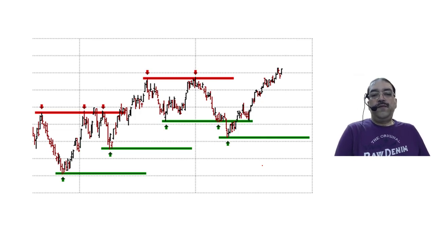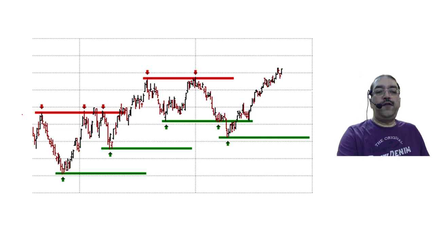You find one red line drawn here and here, touching the topmost points. This red line touches three points: point number 1, point number 2, point number 3.